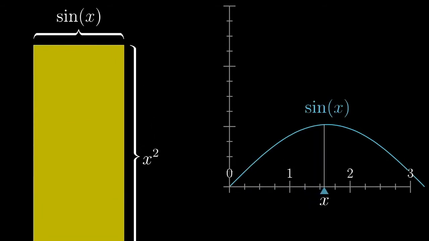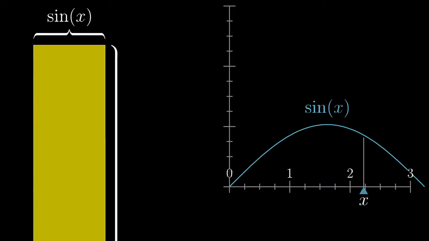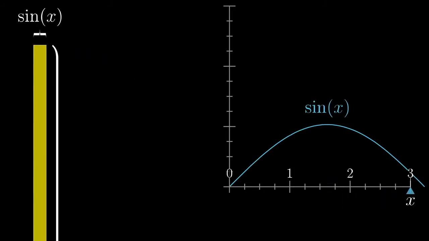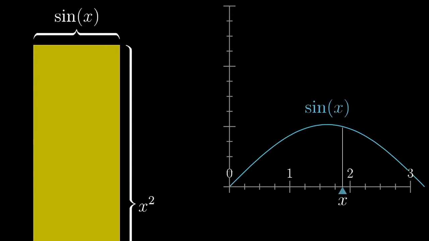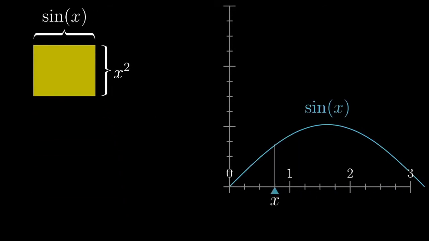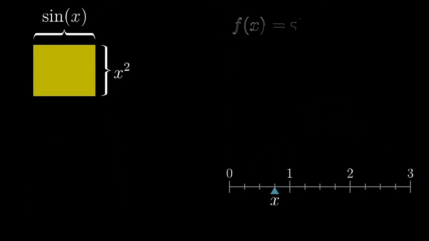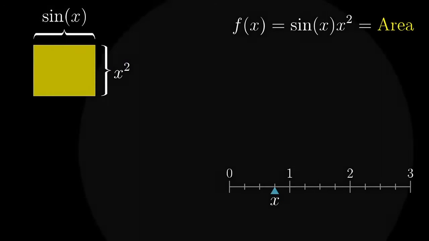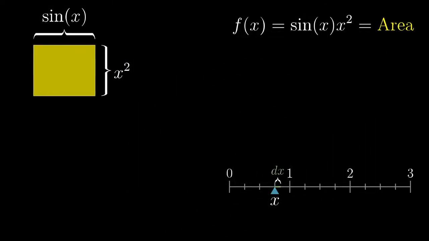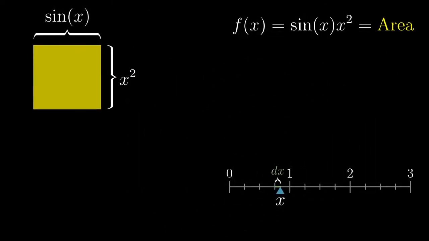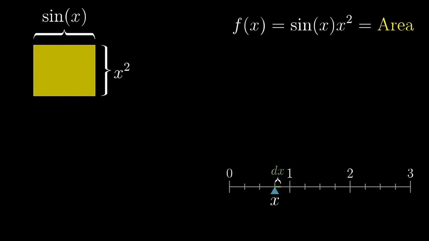And after that, it starts to decrease as sine of x comes down from 1. And in the same way, that height there is always changing as x squared. So f of x, defined as the product of these two functions, is going to be the area of this box. And for the derivative, let's think about how a tiny change to x by dx influences that area.